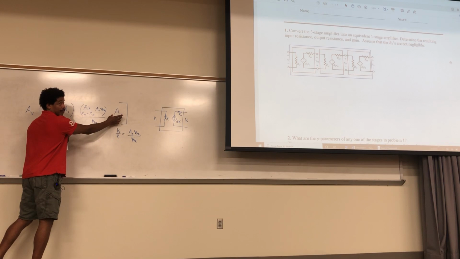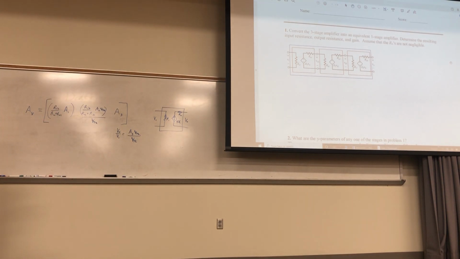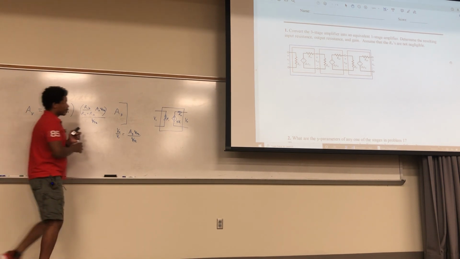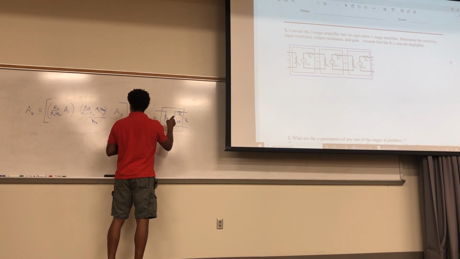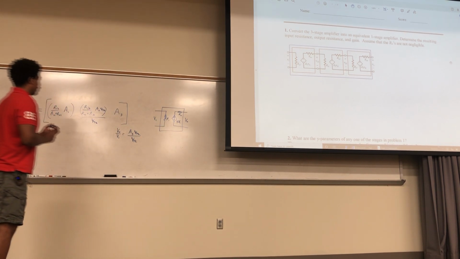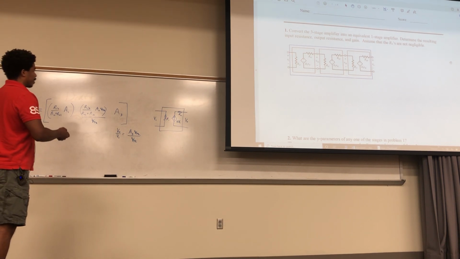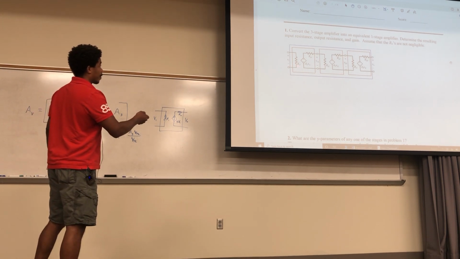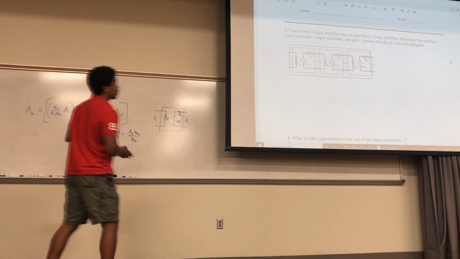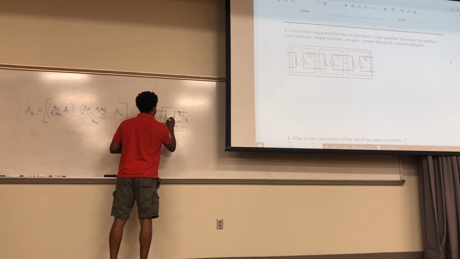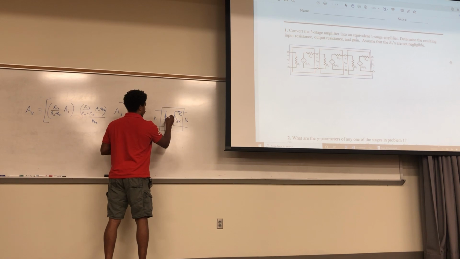The last one doesn't have any resistors in it because it's open. There's nothing connected to there. Now, this right here corresponds to the gain over there. And now for the output and the input, well, the input is just the first one it experiences, right? So that's going to be Ri1. So this is Ri right here.